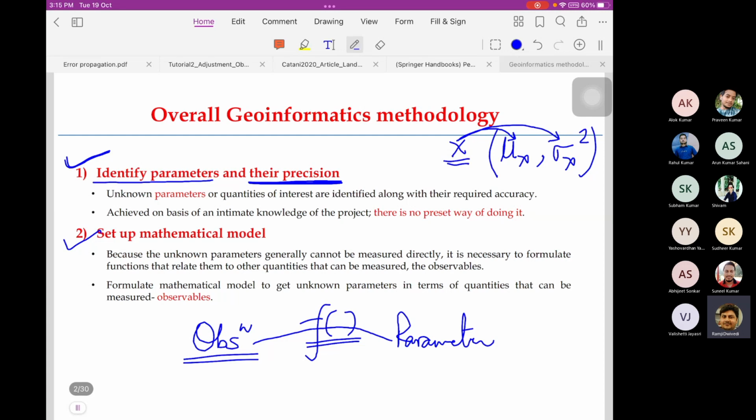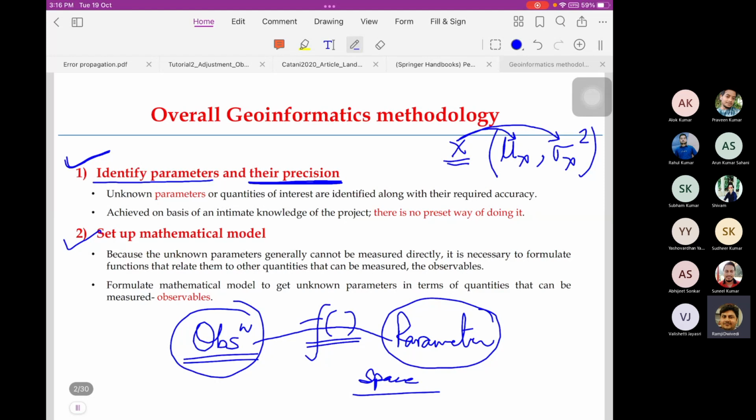Okay, so because the unknown parameters generally cannot be measured directly, it is necessary to formulate the function that relates them to the quantities that can be measured, the observable. That means you have to find out how these two domains, in mathematics we call it the parameter space as well as the observation space or observable space, are linked.